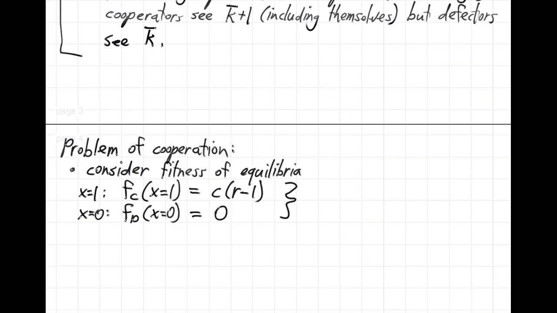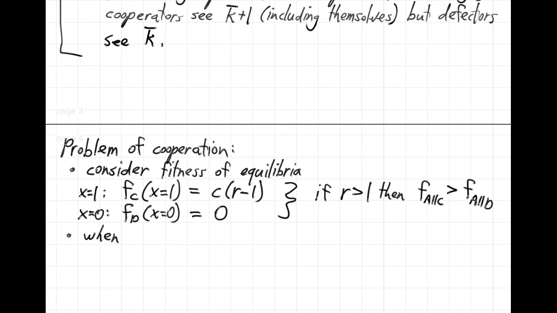So again, like we saw with the economic situation, if r is bigger than 1, then the fitness of any cooperator in a population of all cooperators is bigger than the fitness of anyone in a population of all defectors. So this is actually an evolutionary problem.